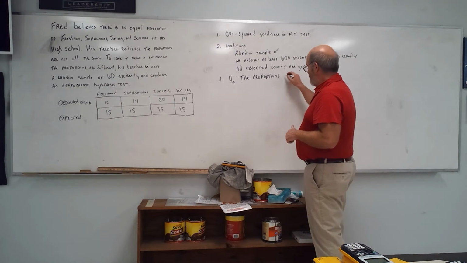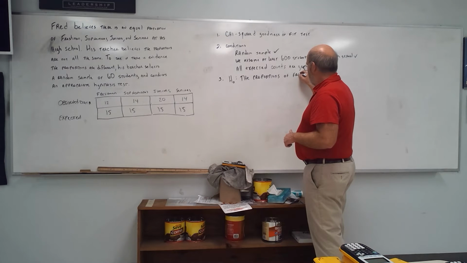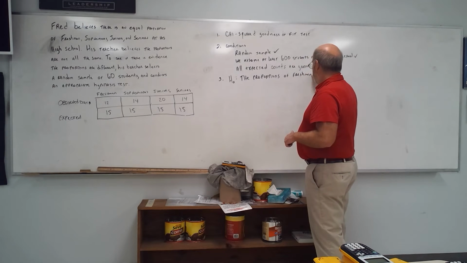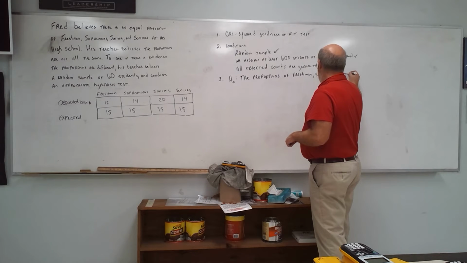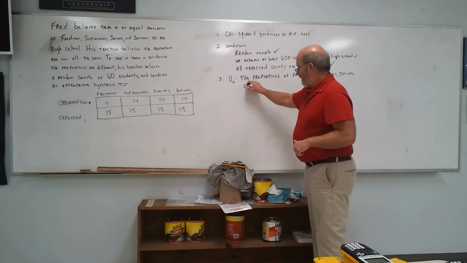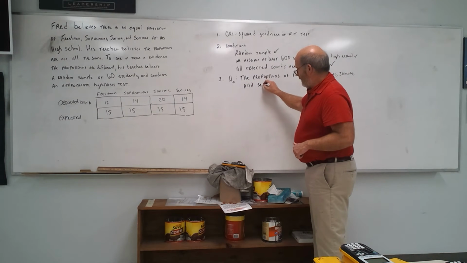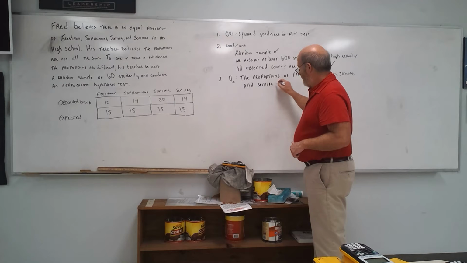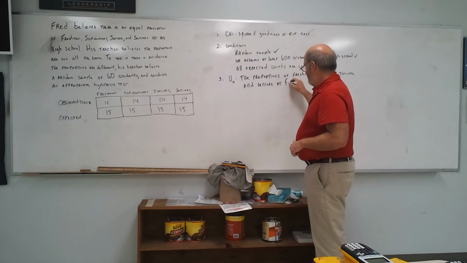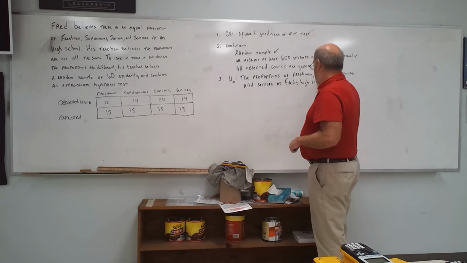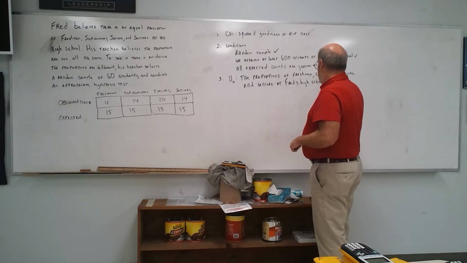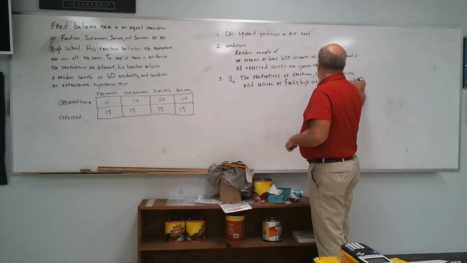So we're going to say the proportions of freshmen, sophomores, juniors, and seniors at Fred's High School are all equal to 0.25.